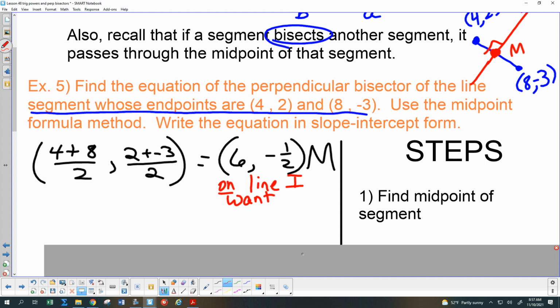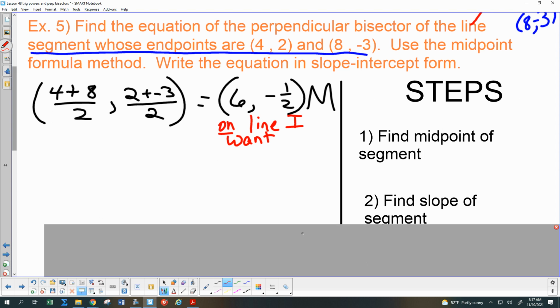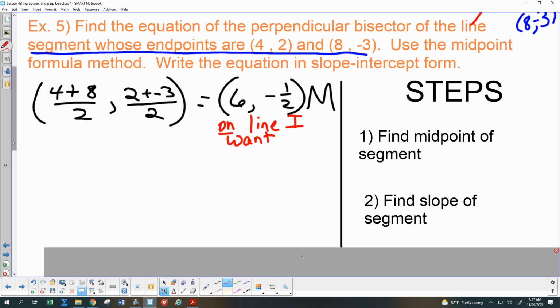Okay, to get the equation of the line, I've got a point on the line, but I also need the slope of that red line. So to get the slope of the red line, I first get the slope of the blue line, I get the slope of the segment, and then I get the perpendicular slope. Because the line I really want has that perpendicular slope.